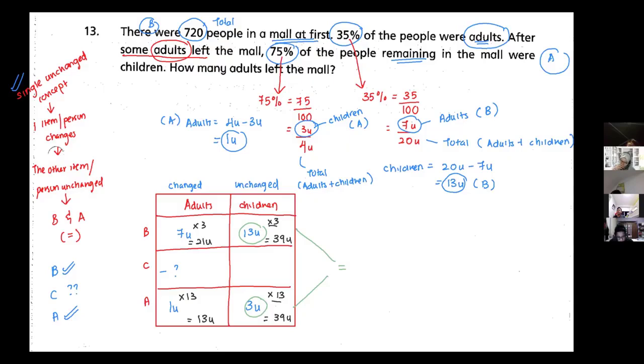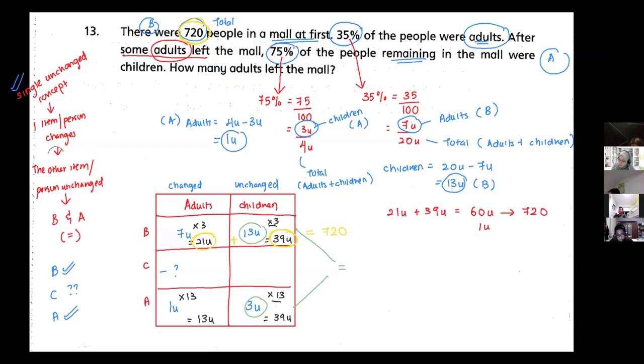Now, you know that we were given the total. We are given a total of 720 people. I want to find how many units represent that 720. So 21 units and 39 units, you plus together equals to 60 units. 60 units represents 720.